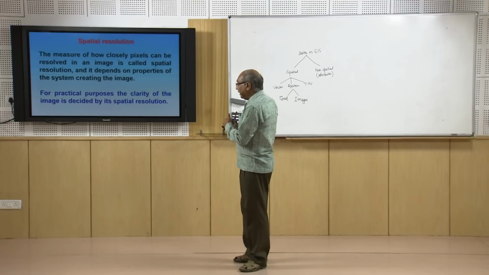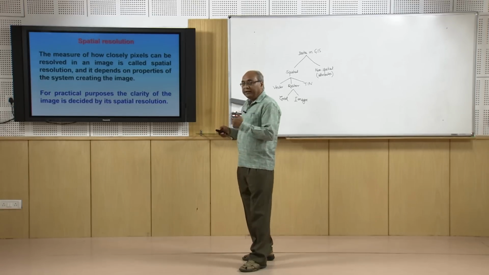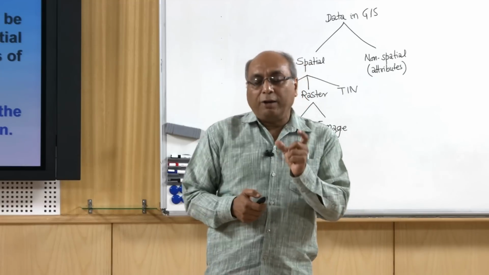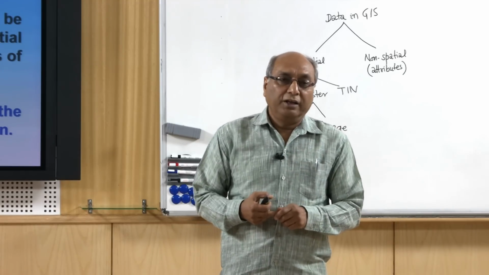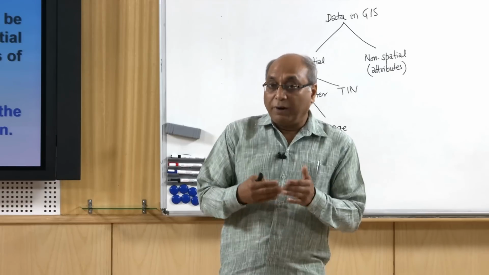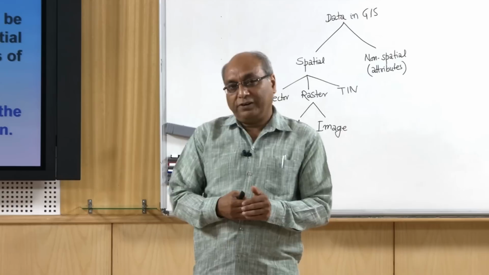Now, in our domain, in GIS or remote sensing, this is what we call the clarity of an image, which is decided by its spatial resolution. An image having very high spatial resolution should look much more pleasing to the eyes.